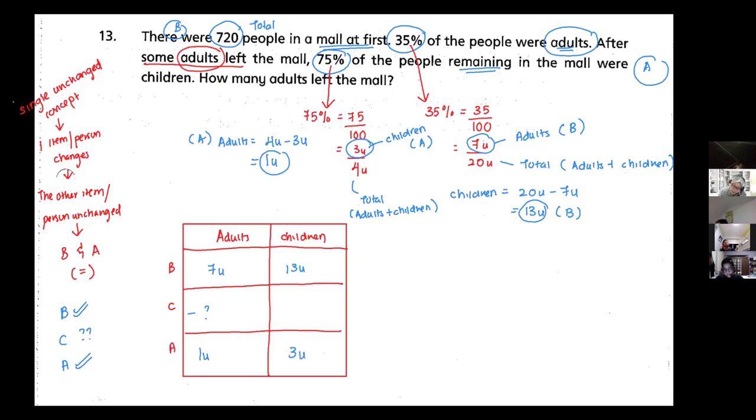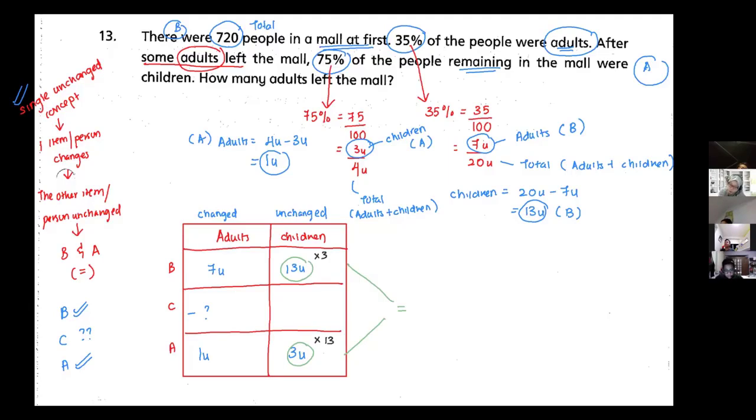Now since it is the single unchanged concept, I need to identify who changes and who did not change. The adult changes, the children unchanged. So if the children is unchanged, the children number actually has to be the same. But if you look at 13 and 3, they are not the same, right? They're supposed to be the same, but they're not the same. So we make it the same. I take 13 times 3 and 3 times 13.